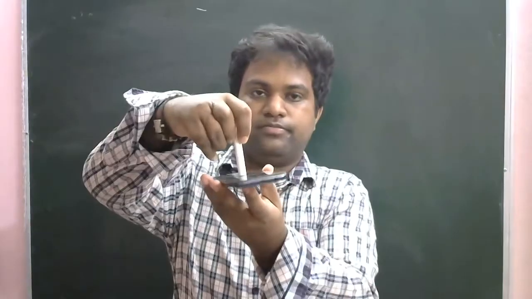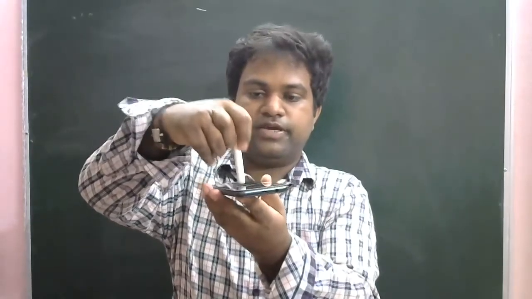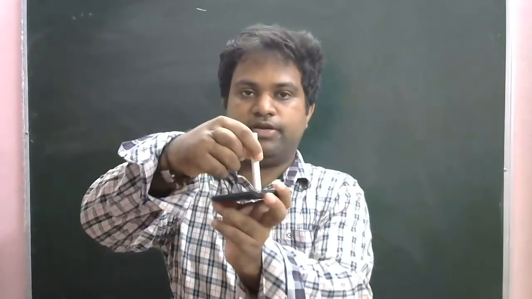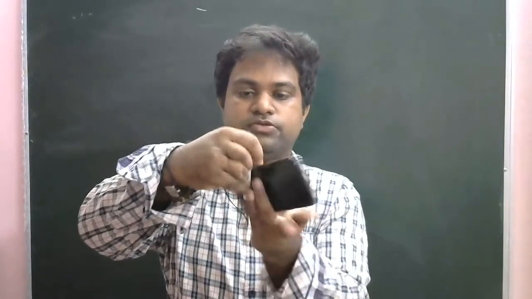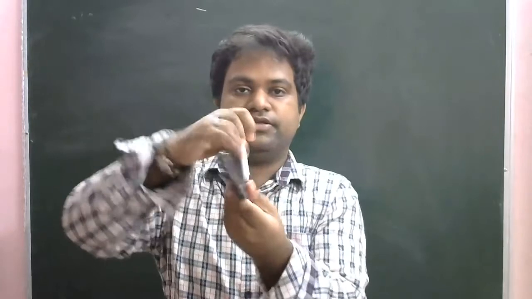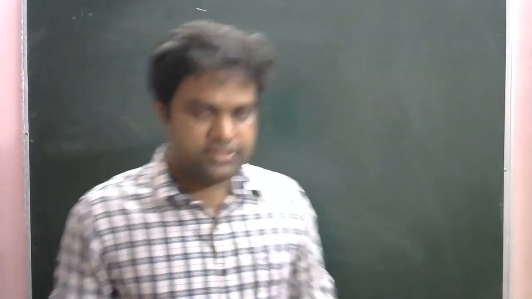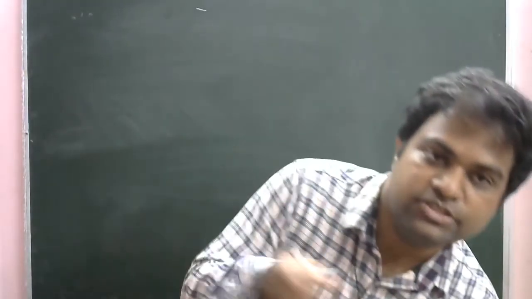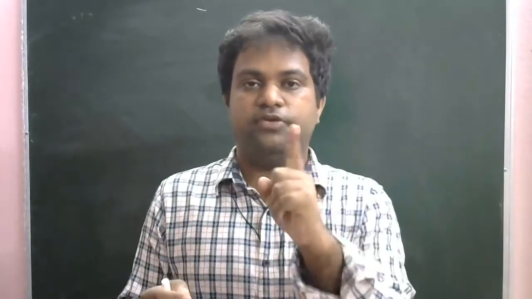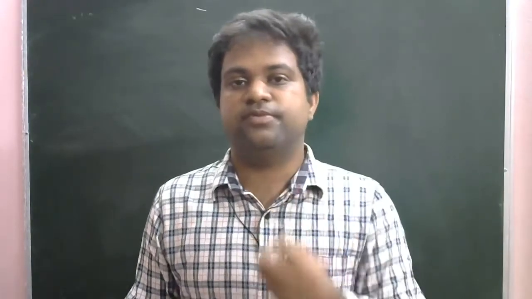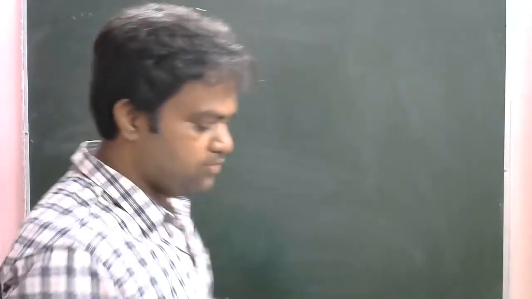If I keep a mobile and make a hole, then the mobile can rotate about this. The mobile can also rotate about this, but we'll discuss that each rotation is a different case. The important thing is when a rigid object revolves around a particular fixed axis, such types of motion are called rotational motion.